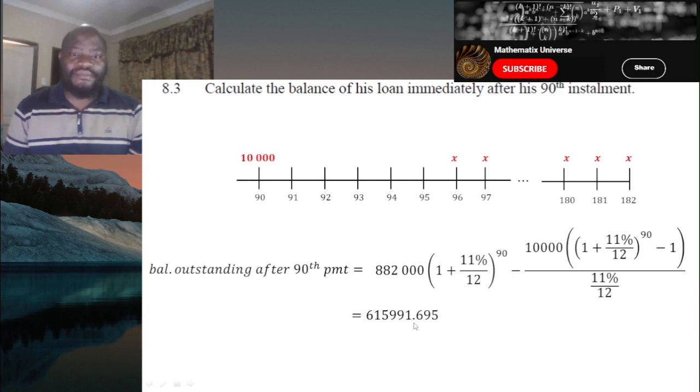Now notice I'm not rounding this number because we're going to use it. To answer the question we would say that the answer is 615,991.70, but the amount needs to not be rounded so that it's accurate. It's more accurate if we don't round it. Okay, that's the answer to this question.